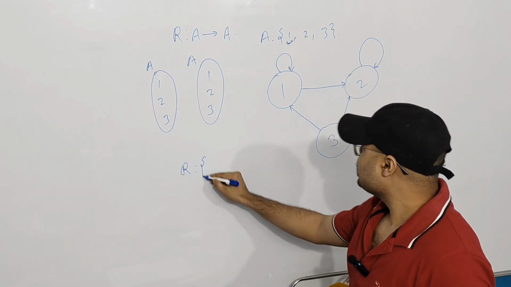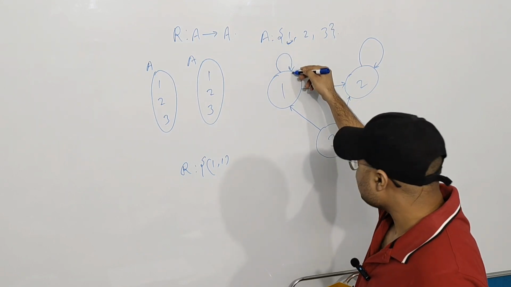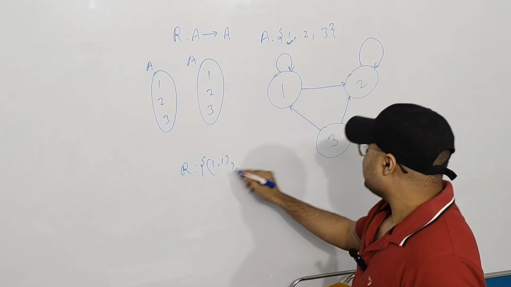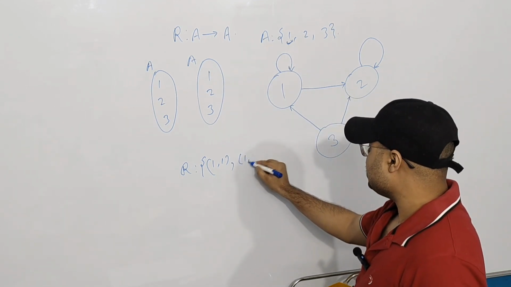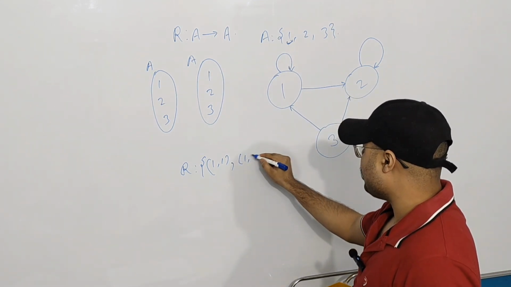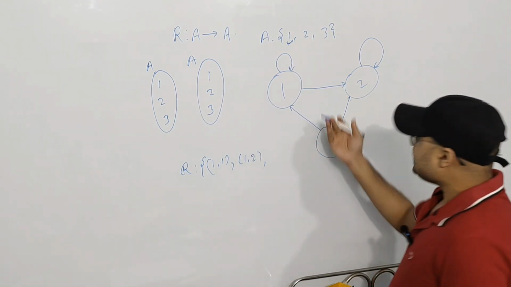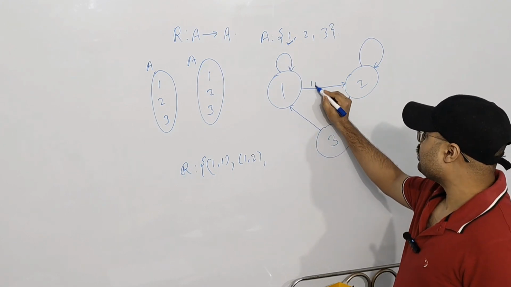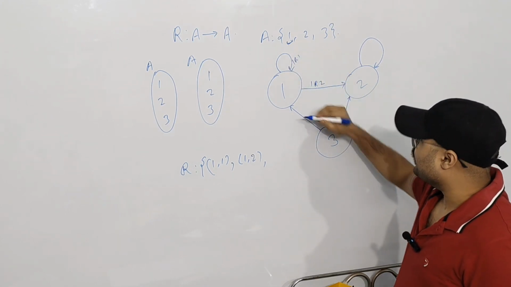So the relation has 1 comma 1 because of this self loop, and because of this directed edge another ordered pair of this relation is 1 comma 2. This edge means 1 is related to 2. What does this edge mean? This means 1 is related to 1.